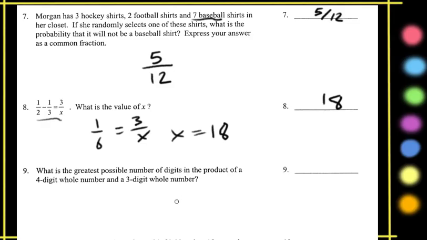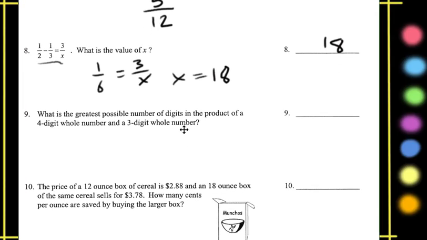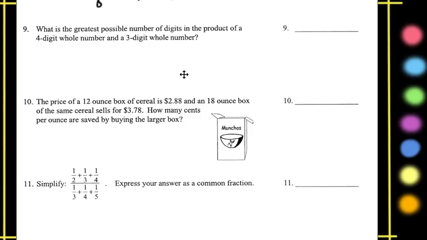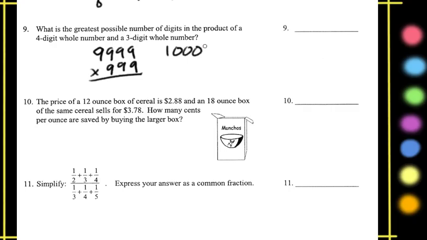Okay, the next one says, what is the greatest possible number of digits in a product of a 4-digit number and a 3-digit whole number? So the biggest possible number is going to be 9999 times 999. But multiplying this out, just to find out how many digits it has, is overkill. What you really want to do is say, well, it's going to be a little bit less than 10,000 times 1,000, right?